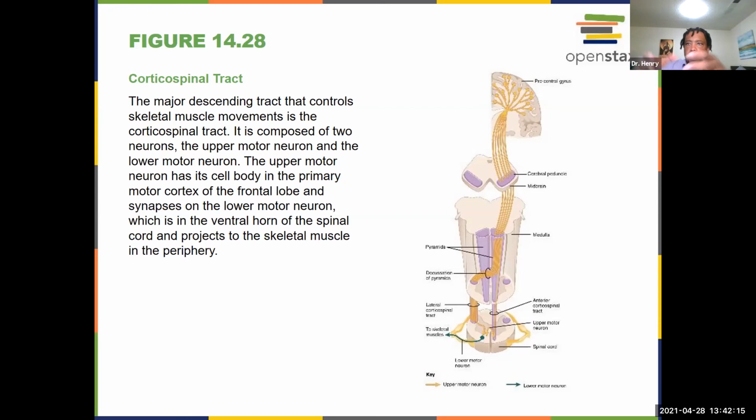As we go down our spinal cord, there are going to be neurons that go to the periphery. There's going to be an axon traveling along the length of our spinal cord, where things are connected. Does that make sense? Yep.